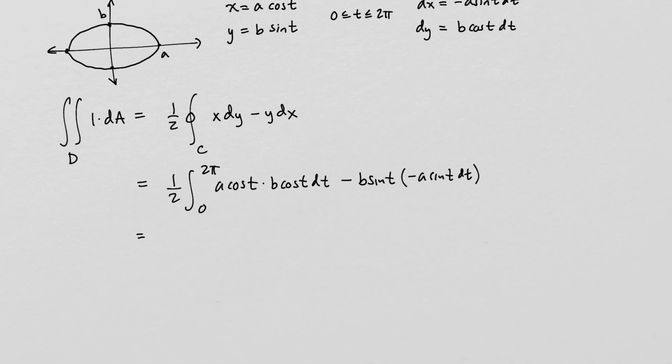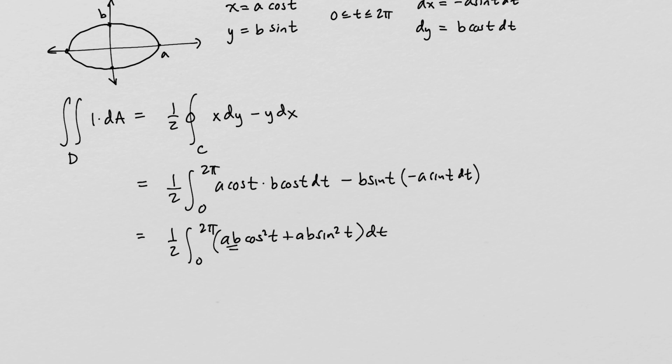Something really nice happens here. We have 1/2 integral from 0 to 2 pi. Notice here we get ab cosine squared of t minus, but then there's another minus, that becomes plus ab sine squared of t, and all of this is multiplied by dt.